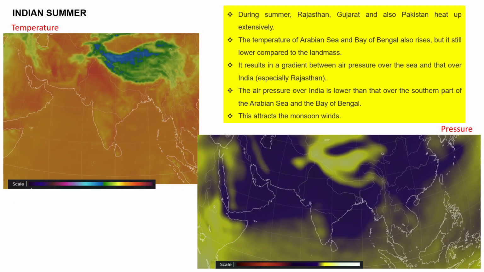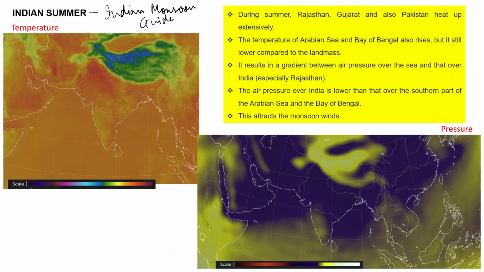The next one is the Indian summer. Indian summer may also be referred to as the Indian monsoon guide. Why am I saying this? In the beginning of this lecture, I told you that temperature and pressure are interrelated.